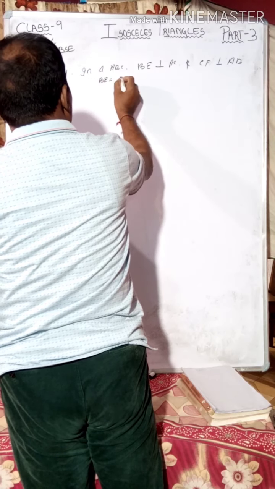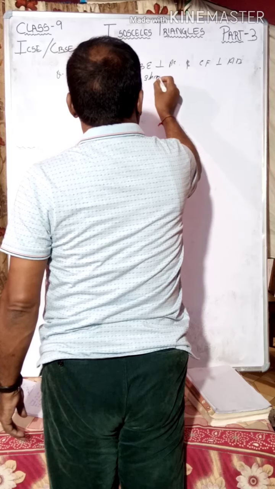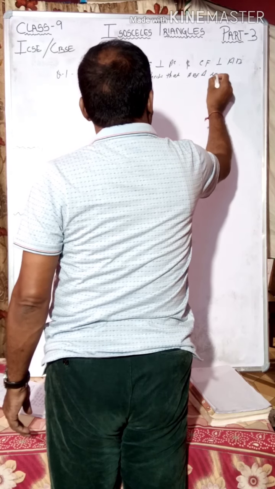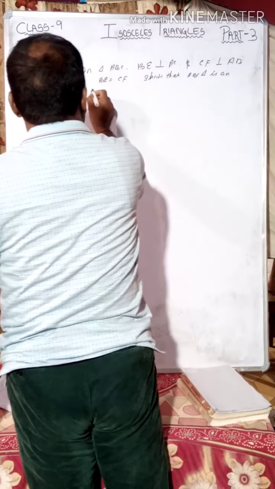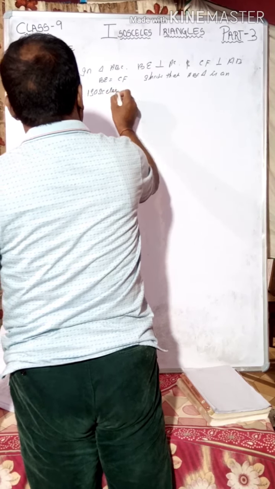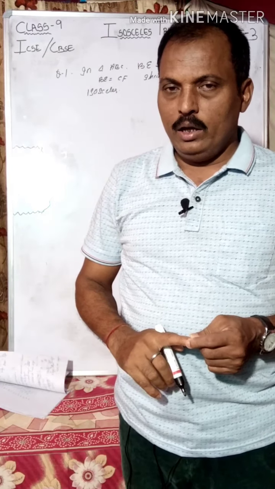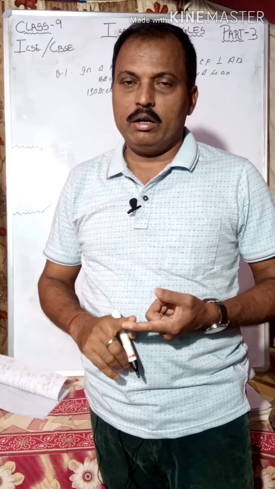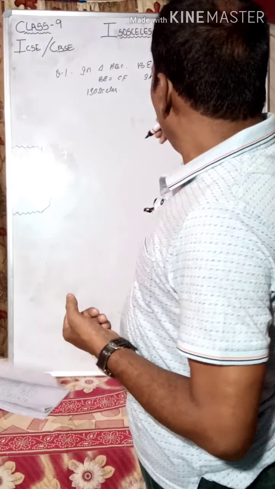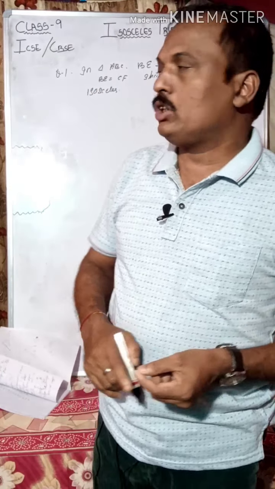BE is equal to CF, so that triangle ABC is an isosceles triangle. If two altitudes of a triangle are equal, then we prove that the triangle is an isosceles triangle.